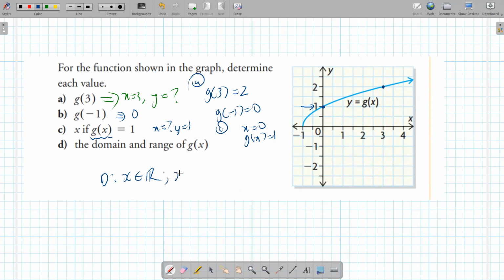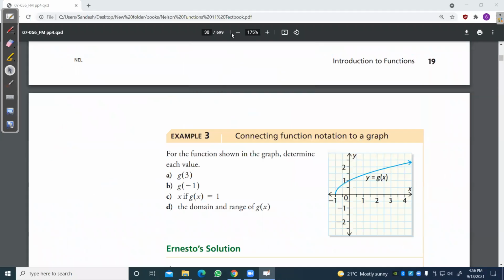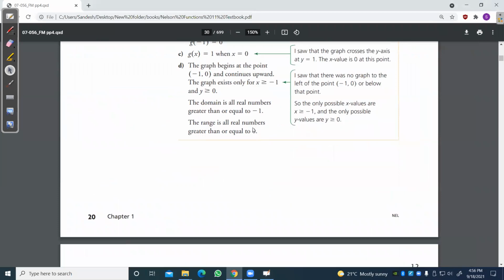XER, and then you want to say x is greater than or equal to negative 1. What about the range? YER, and then y is equal to or greater than 0. Perfect, there we go. And that's all there is to function notation. Once you can do one of these, you can do all of them. The idea is very simple.